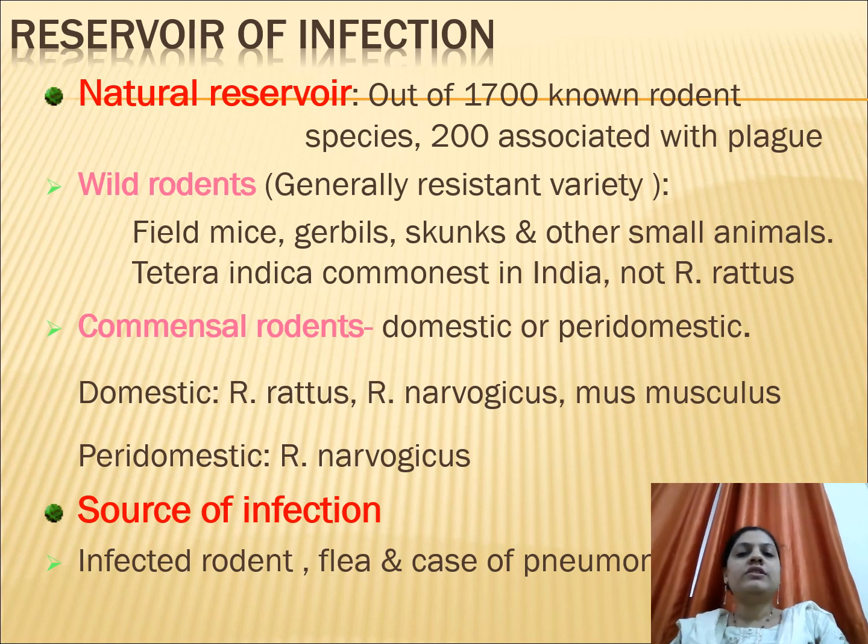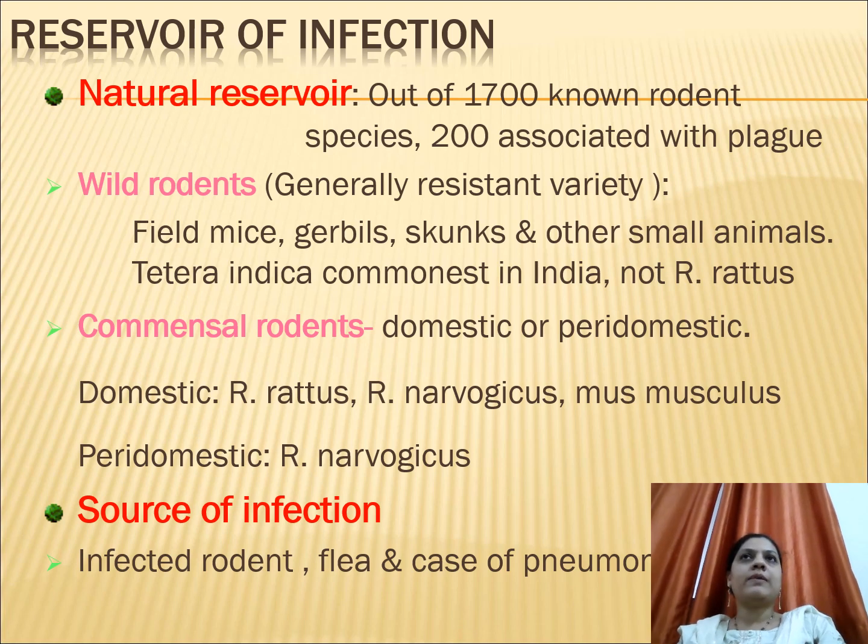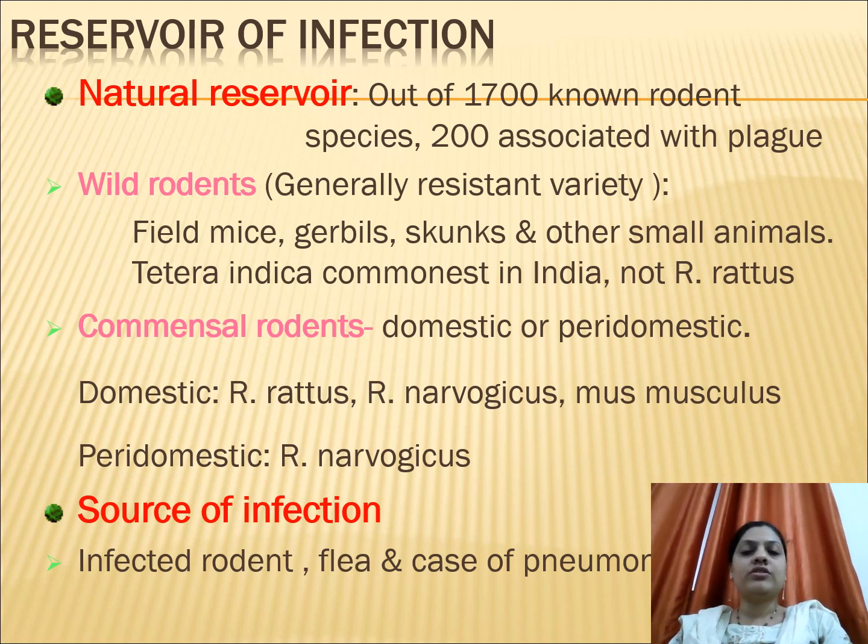The natural reservoir: out of 1700 known rodent species, 200 are associated with plague. This bacillus sustains in the rodent-flea cycle, and the rodents act as natural reservoirs. So these are wild rodents, field mice, gerbils, skunks, and other small animals.